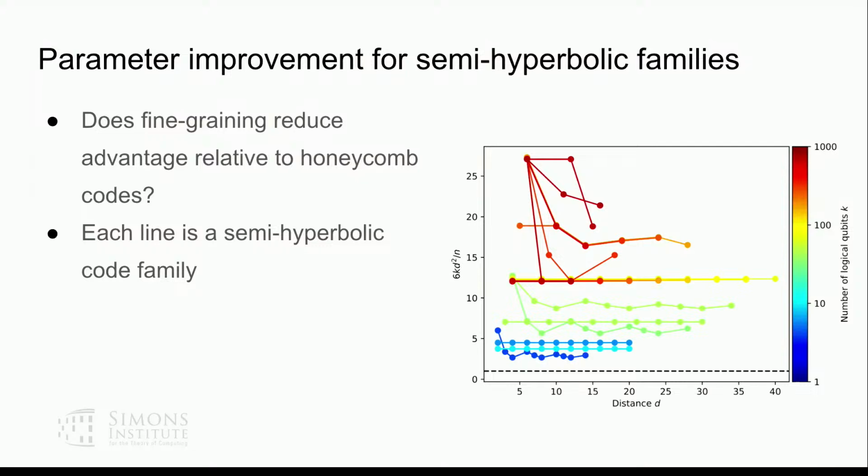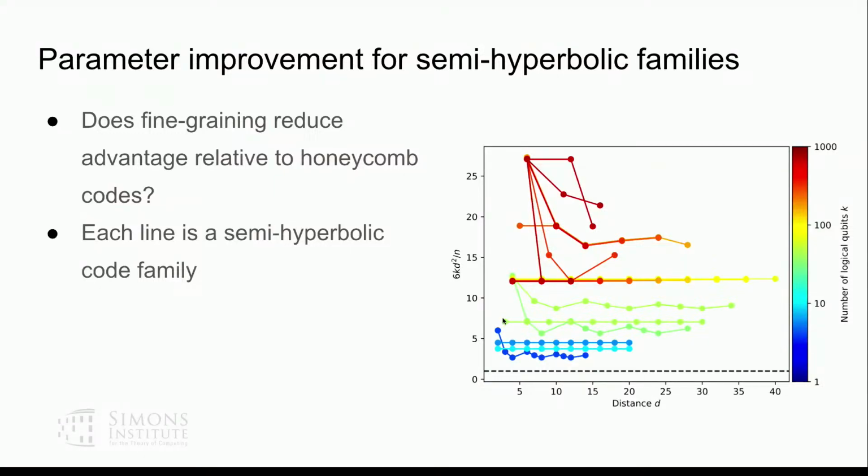Essentially increasing the fine graining by 1. The y-axis here is essentially the relative improvement in the parameters over honeycomb codes. So 6k d squared over n is equal to 1 for the honeycomb code. For example, when this is equal to 10, in some sense you've got a 10 times improvement in the qubit overhead compared to the honeycomb code.